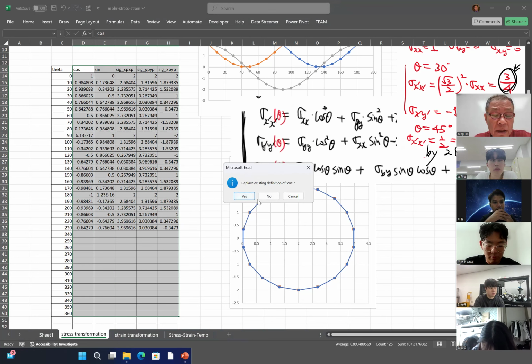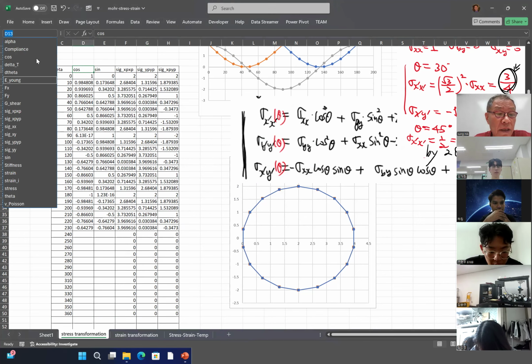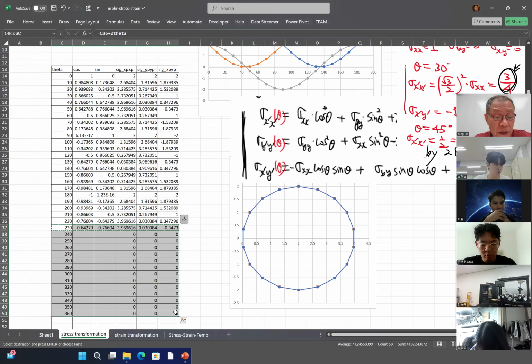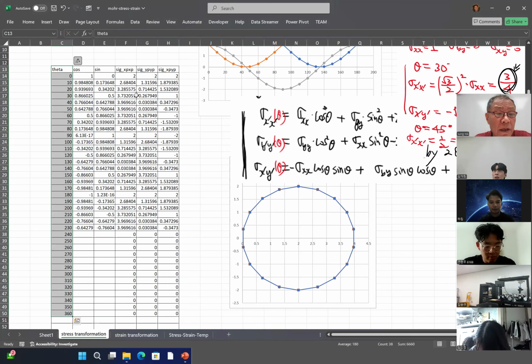Then we are asked to replace the existing cosine, and say yes, yes, yes. Now you can see that the cosine has extensions. Now let's try to copy this one. Oh, sorry, I didn't extend this data.